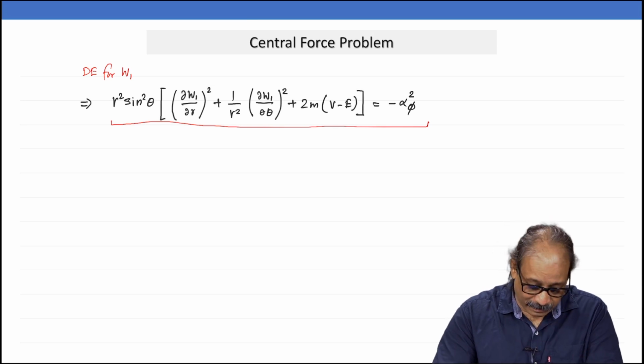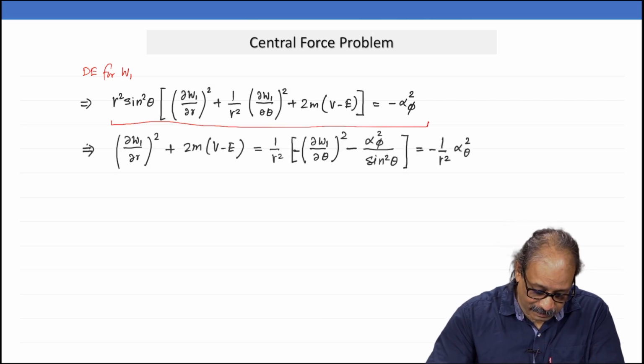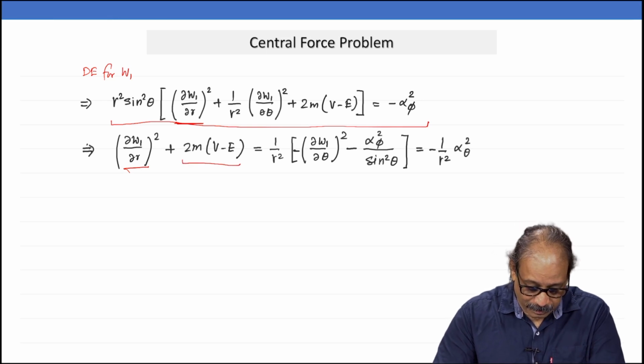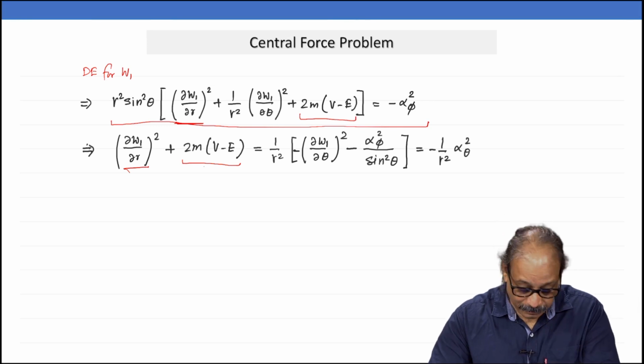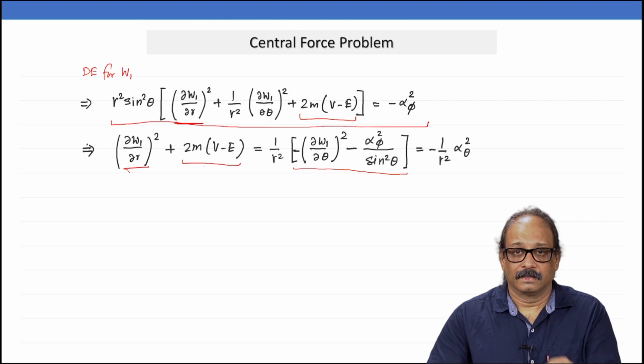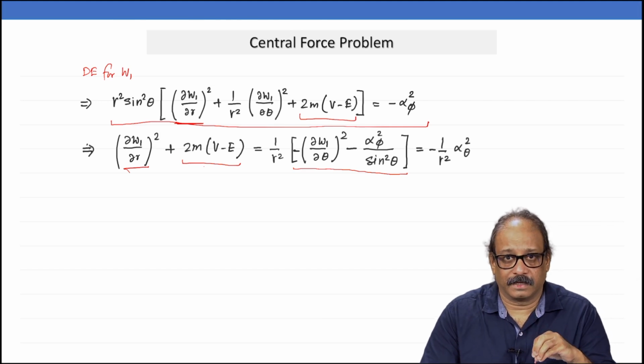It is possible to do that very neatly, and if I rearrange this, then I will take this partial derivative of W1 with respect to r, plus 2m(V minus E). This term also depends on r, remember V depends on r, and on the right hand side I will write it as 1 over r square and a bracket here. Okay.